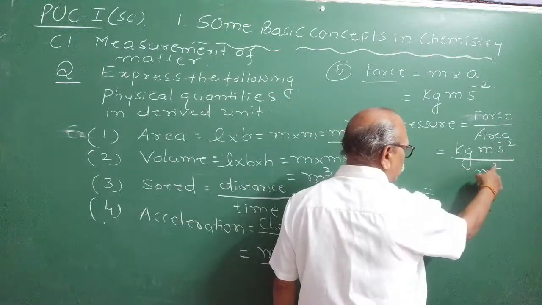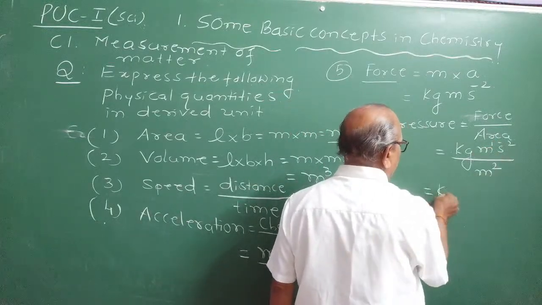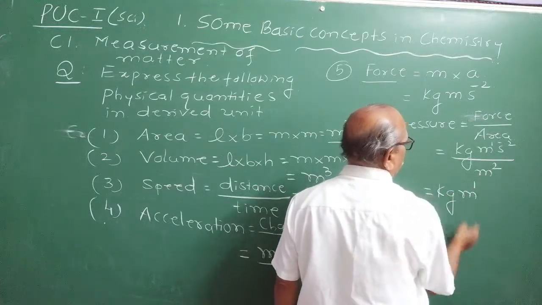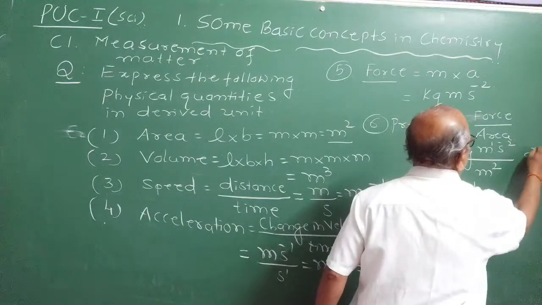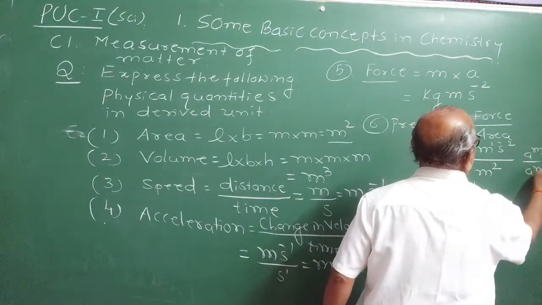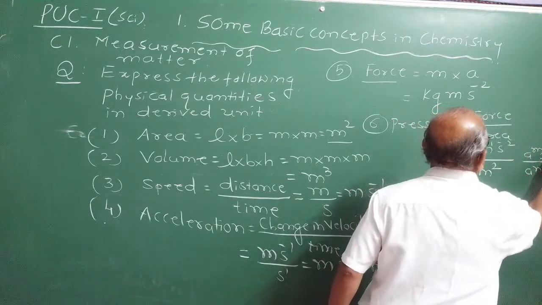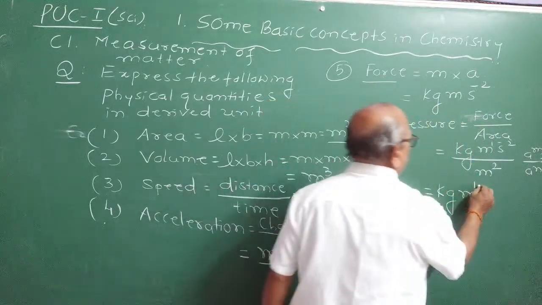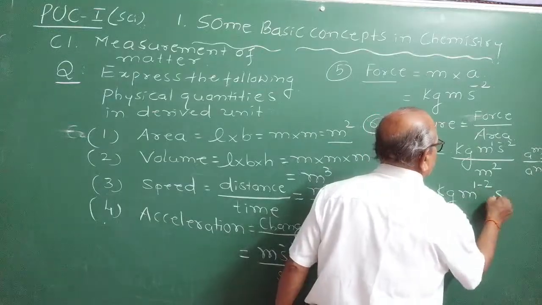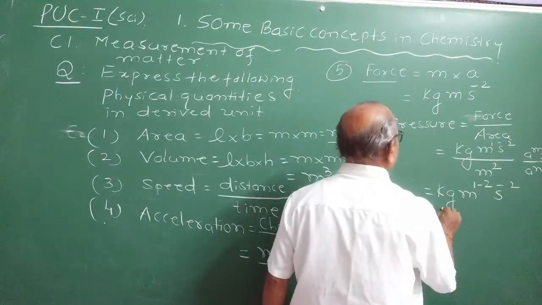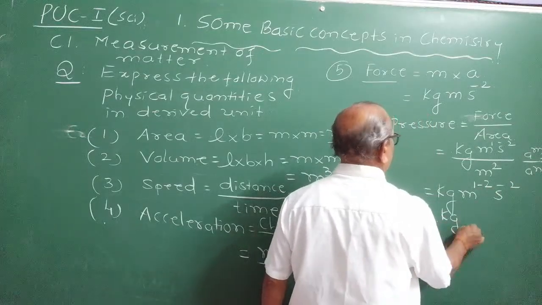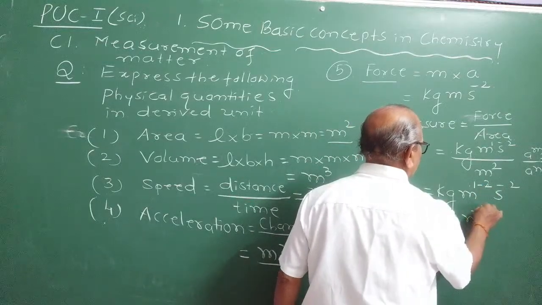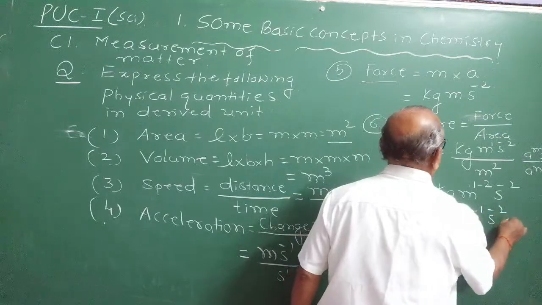If you take this m raised to 2 to the numerator, you will get kg. a raised to m upon a raised to n is equal to a raised to m minus n. Therefore, the correct SI unit of pressure is kg meter raised to minus 1 per second square.